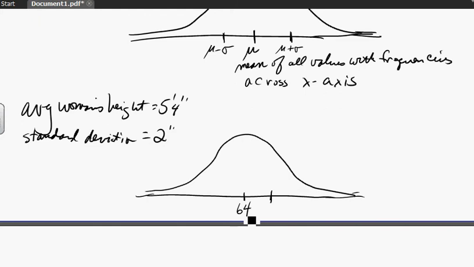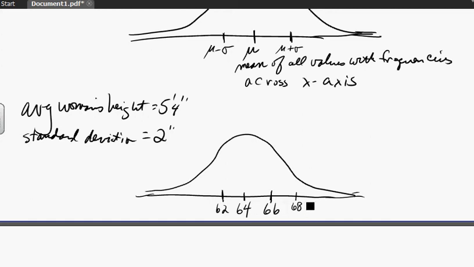And the mean plus one standard deviation would be how many inches? Now I'll go back one standard deviation to 62. The mean plus 2 standard deviations would be, add another 2.